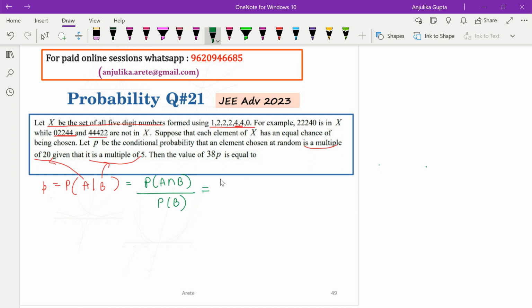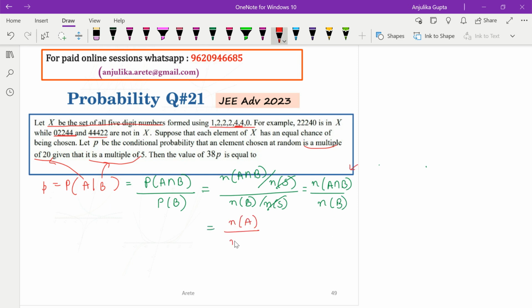Probability of A intersection B is the number of elements in A intersection B divided by the number of elements in the complete X. And probability of B is NB divided by the complete. So you see what we boil down into: the number of elements that are multiples of 20 and 5 both, divided by the number of elements that are multiples of 5. So it is just NA over NB.